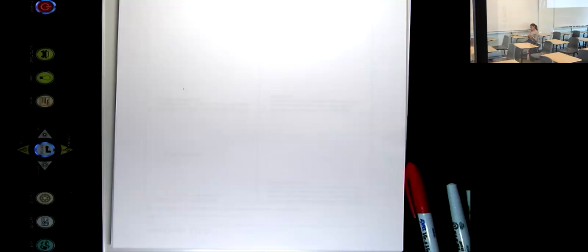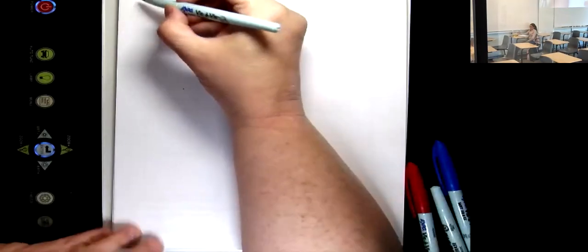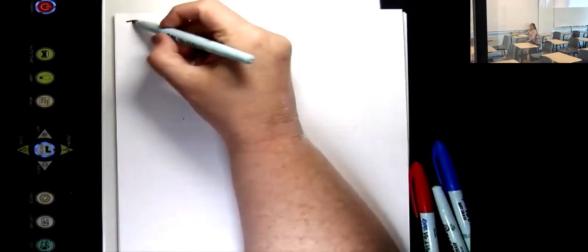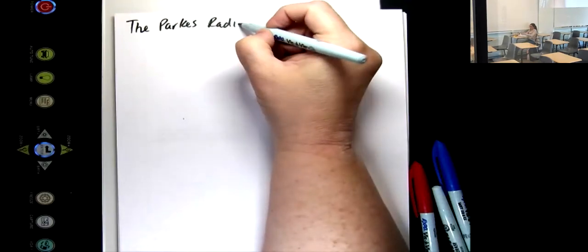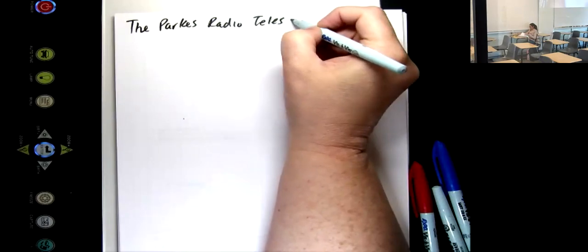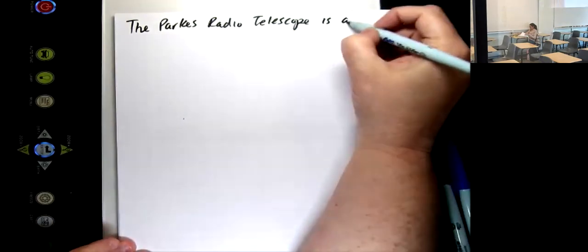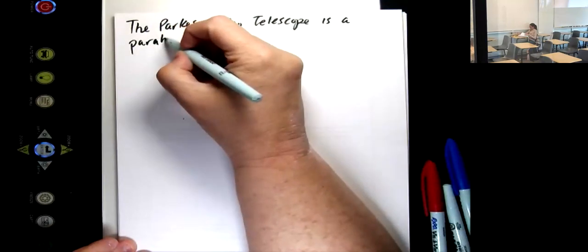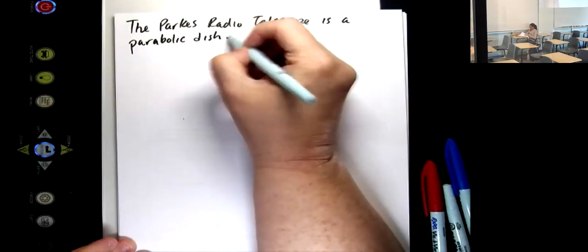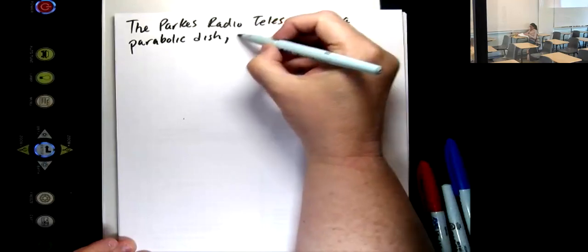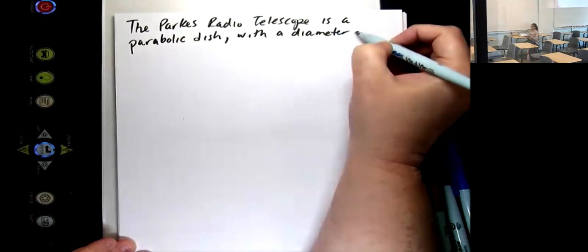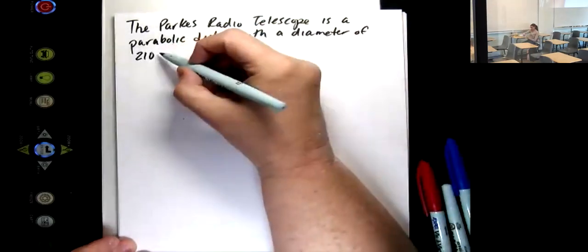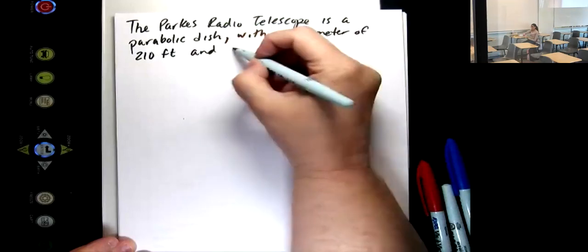Let's take a look at where this shows up in a real life situation. The Parkes Radio Telescope is a parabolic dish with a diameter of 210 feet and depth of 32 feet.